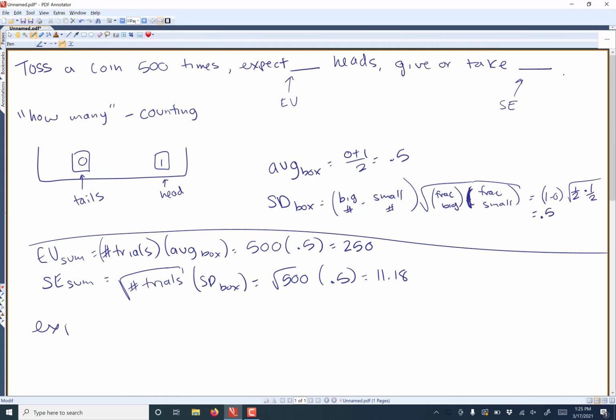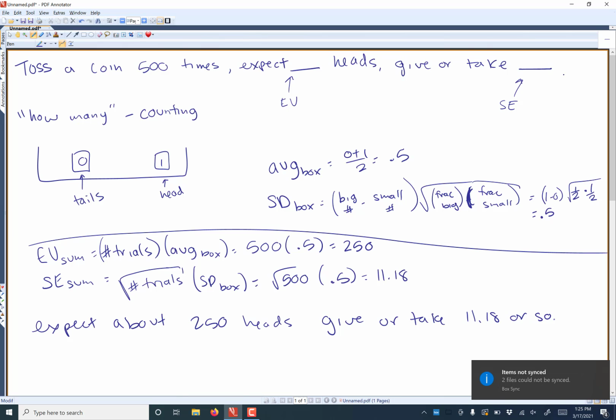So we expect about 250 heads, give or take about 11.18 or so. So we know we probably won't get exactly 250, but it'll probably be somewhere between like 240 and 260 of the number of heads.